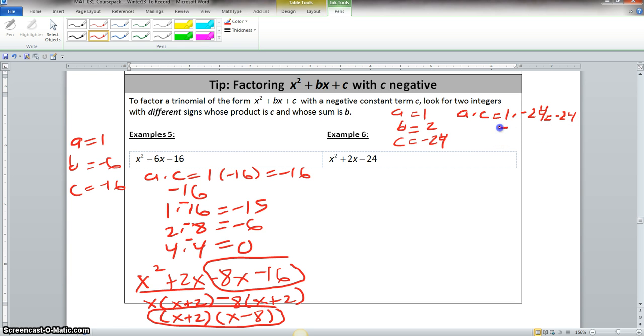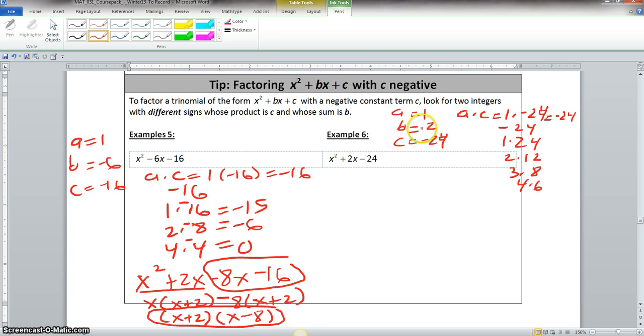Okay, so now we're going to take the factors of negative 24. First, we'll do it as a positive 24. So we have 1 times 24, 2 times 12, 3 times 8, and 4 times 6. Now we have to determine which one of these numbers is going to be negative and which is going to stay positive.